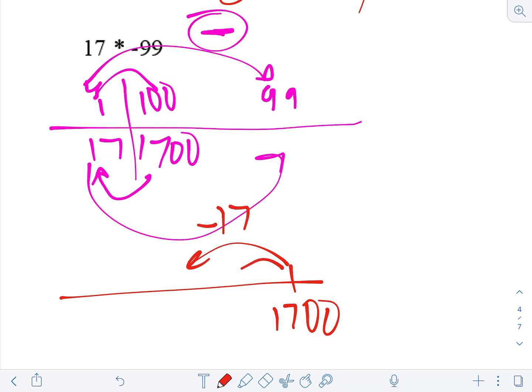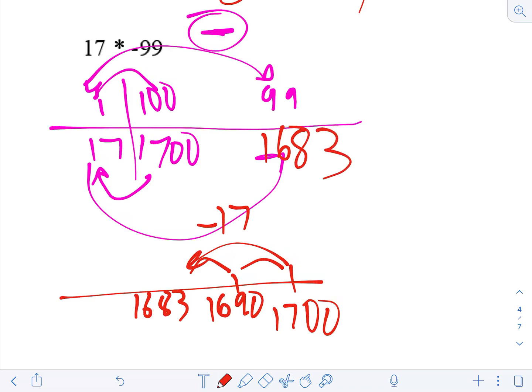So if I drop it down 10, that is 1,690. If I drop it down 7 more, that's 1,683. There we go. So 1,683 is 17 times 99, but I have a negative. So the answer is negative 1,683.